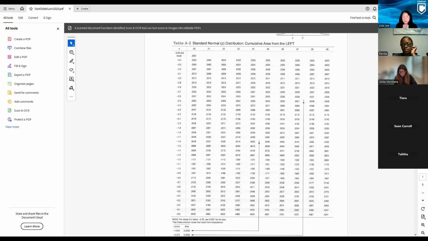In chapter 8 and chapter 9, we deal with the z normal and z-score. We also deal with the t interval, t-score. We also have the critical value, t alpha over 2. And for hypothesis testing, same thing.